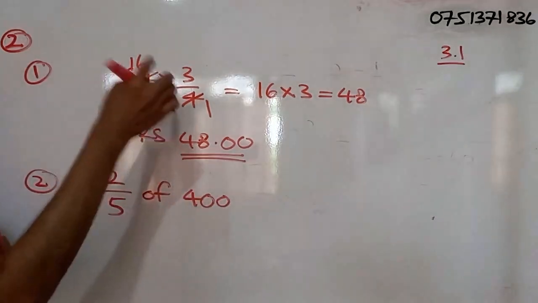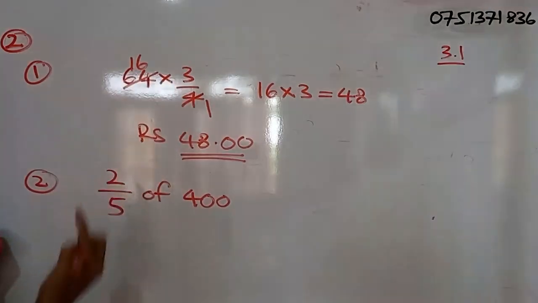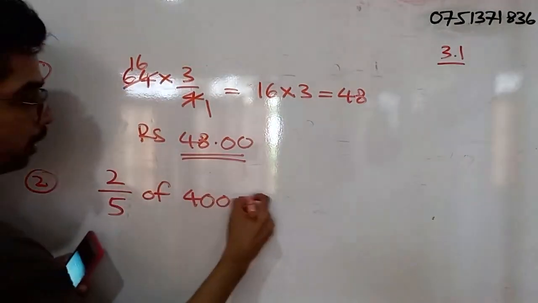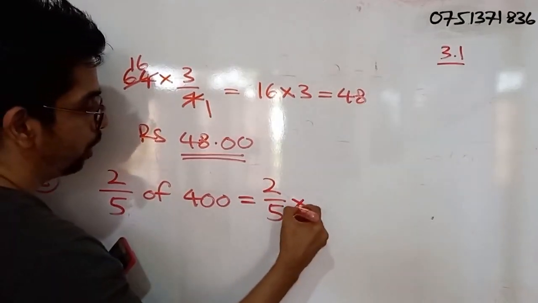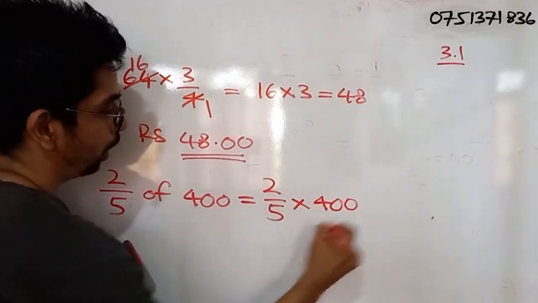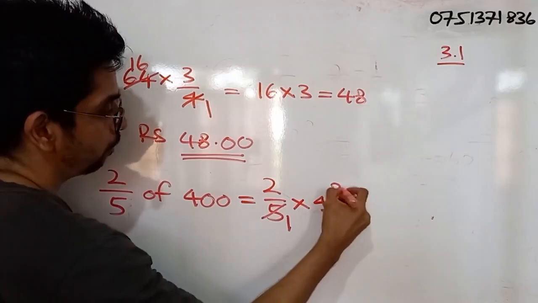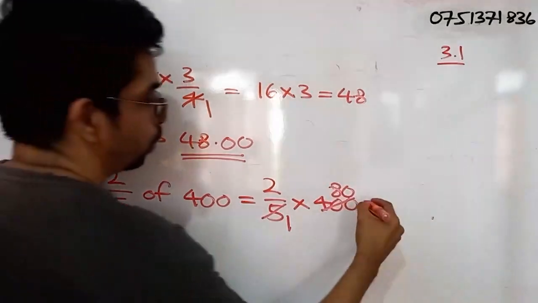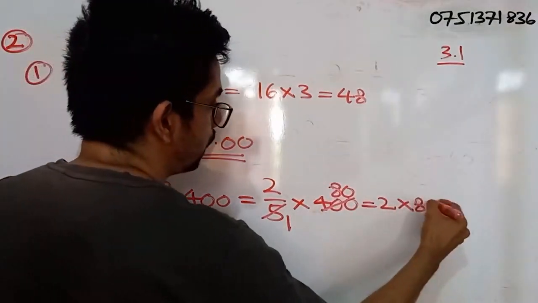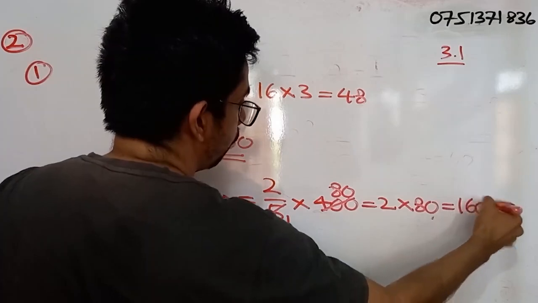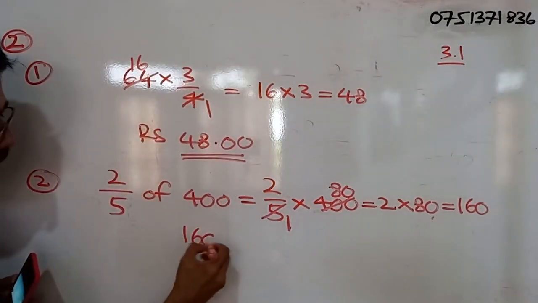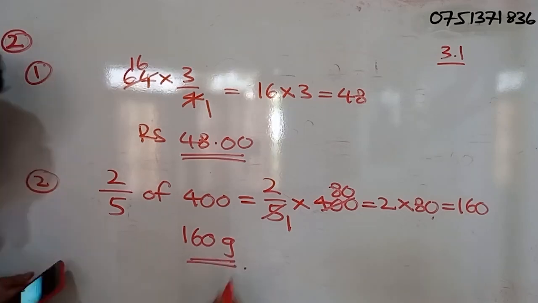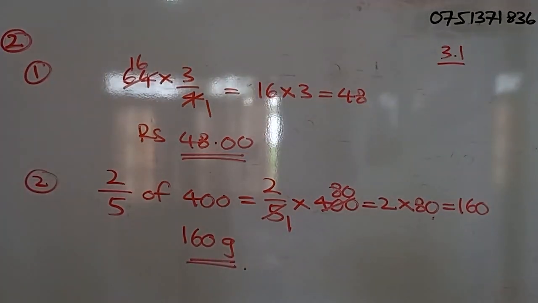Okay, we can directly put the multiplication symbol, or we can write it like this as well. 2 by 5 into 400. 5 times 1 and 5 times 80. So 2 into 80, we know that is 160. So the answer should be 160 grams.